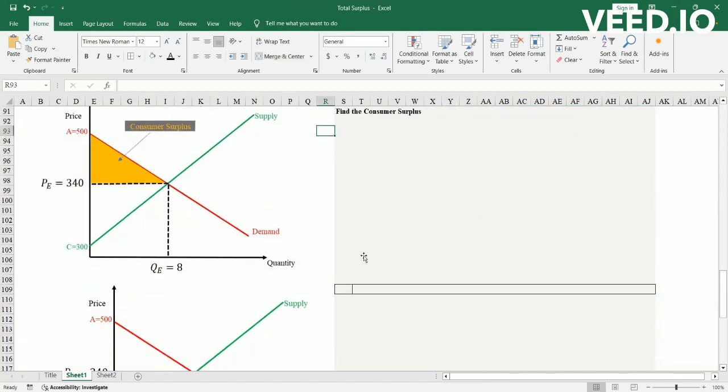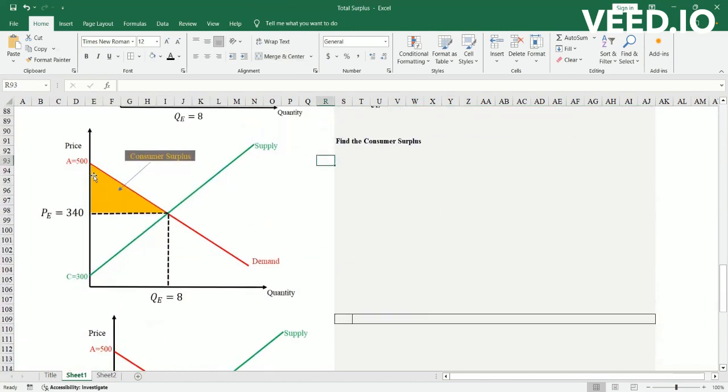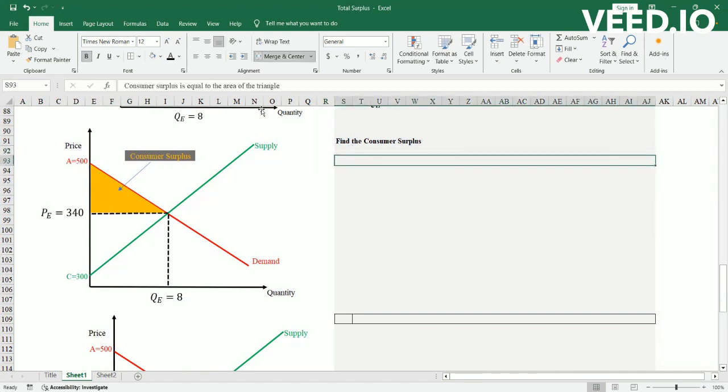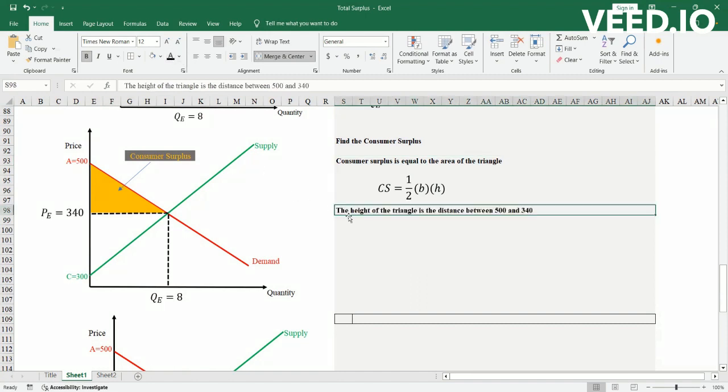The consumer surplus is the area under the demand curve above the price, and it can be found by finding the area of the triangle. The area of a triangle is given by half into base into height. Now we know the height of the triangle is between 500 and 340, the price.